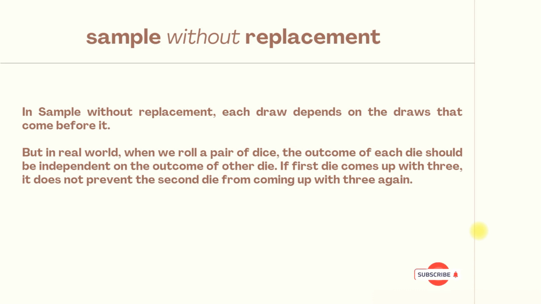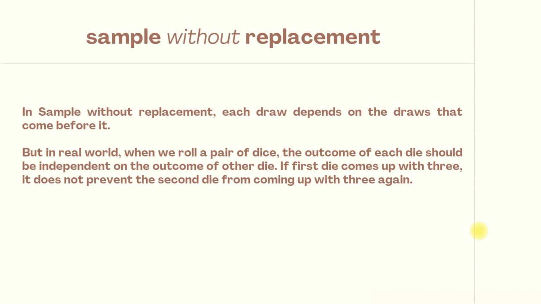But in the real world, this should not be the case, right? When you roll the dice, the outcome of each die should be independent of the other. So if the first die comes up 3, it should not prevent the second die from coming up 3 again. That's how the situation should be in the real world.